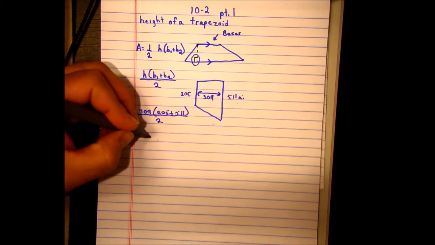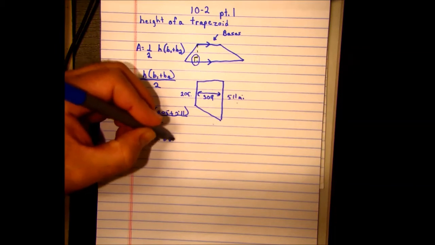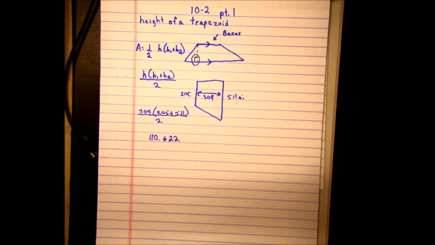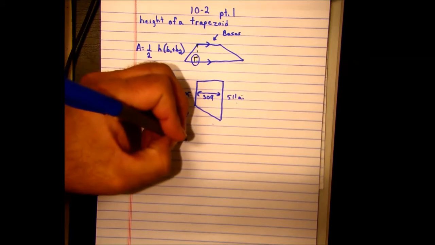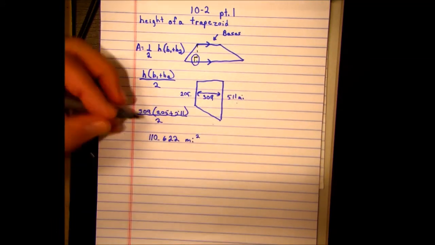You end up with a long decimal, 110.622, so it's 110 miles squared.